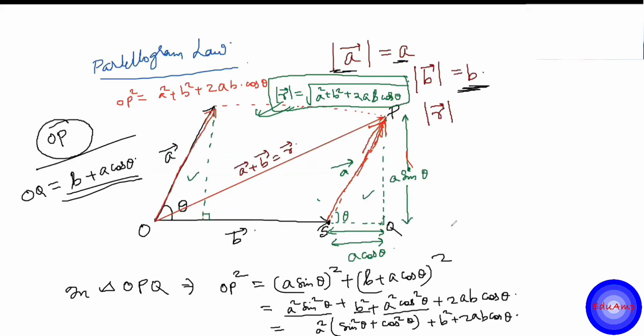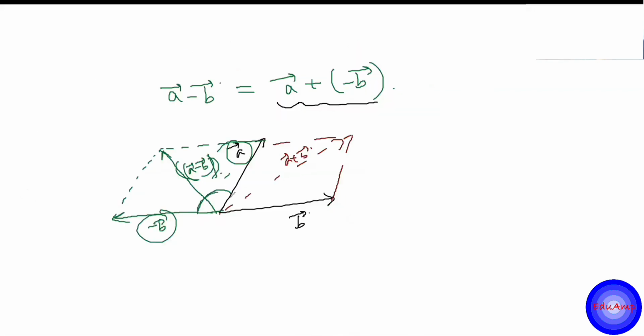Sum of two vectors is the square of the magnitude of the first one plus the square of the magnitude of the second vector plus twice of the magnitude of first into the magnitude of second into cos of the angle between them, right? So here the angle between the two vectors becomes this one, right? Obviously, if this is theta, this becomes 180 minus theta, right?